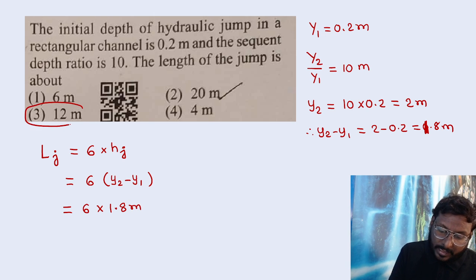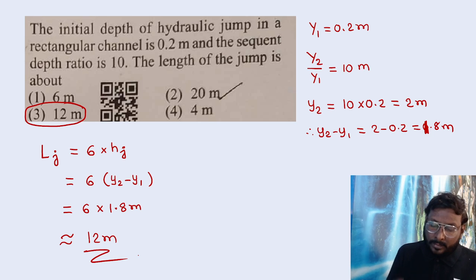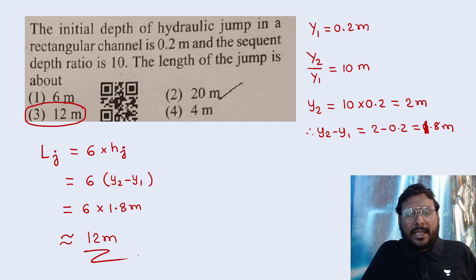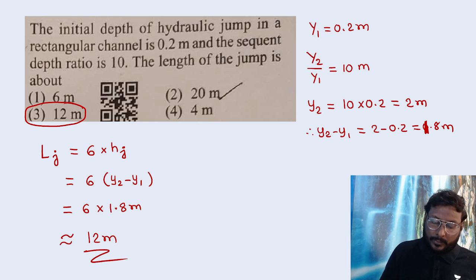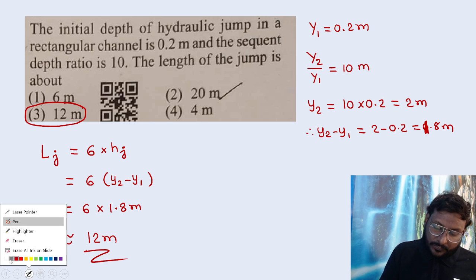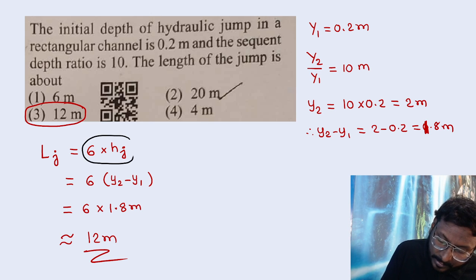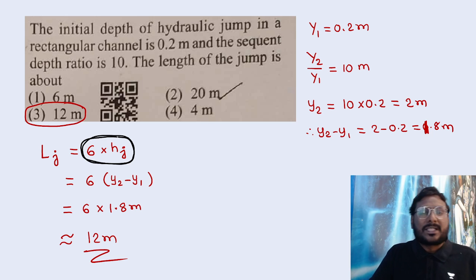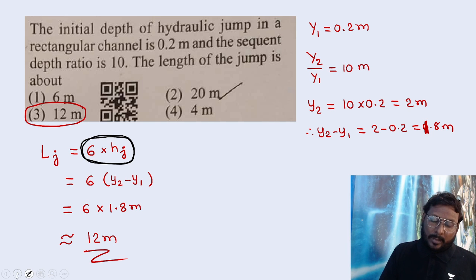From the given options, the nearby approximate value is 12 meter, 6 into 2. So for this question, first of all, you must know that length of jump is 6 times the height of jump. This is the formula we consider.